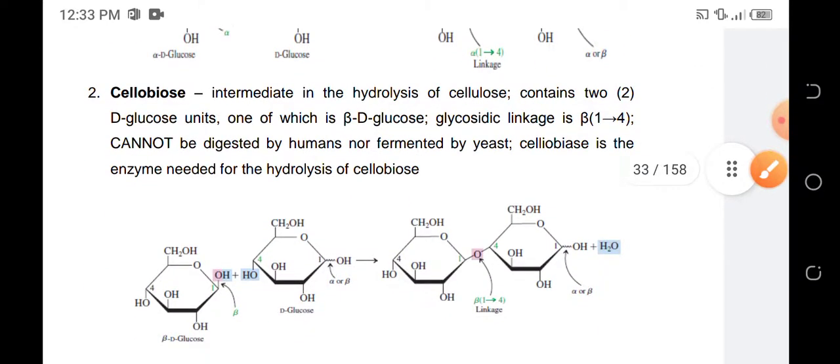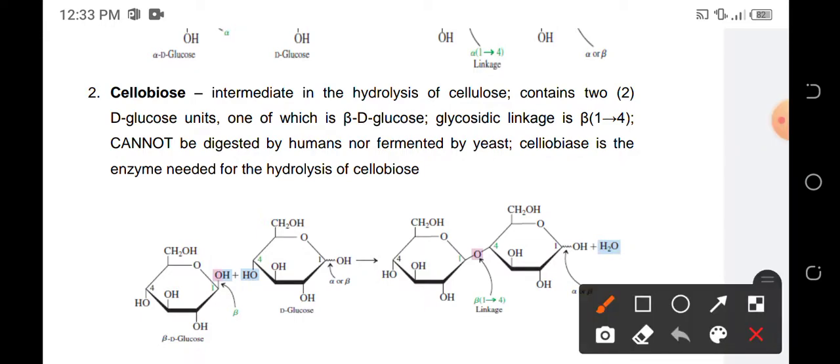Next would be the cellobiose. This is an intermediate in the hydrolysis of cellulose. So, pag na-breakdown yung mga monomers dun sa cellulose, the disaccharide that would be formed is cellobiose. Okay. Just like maltose, cellobiose needs 2 D-glucose.